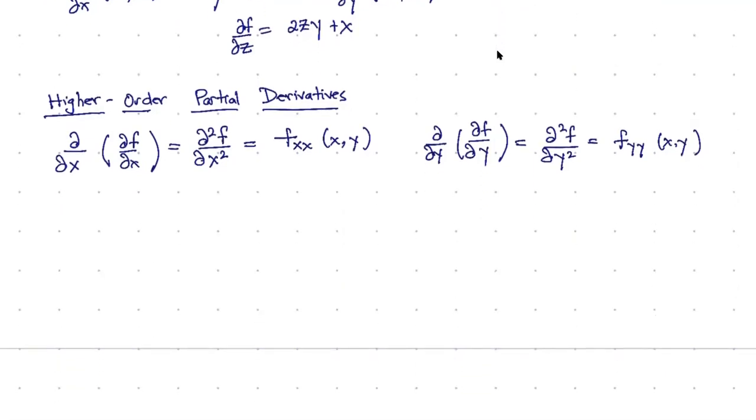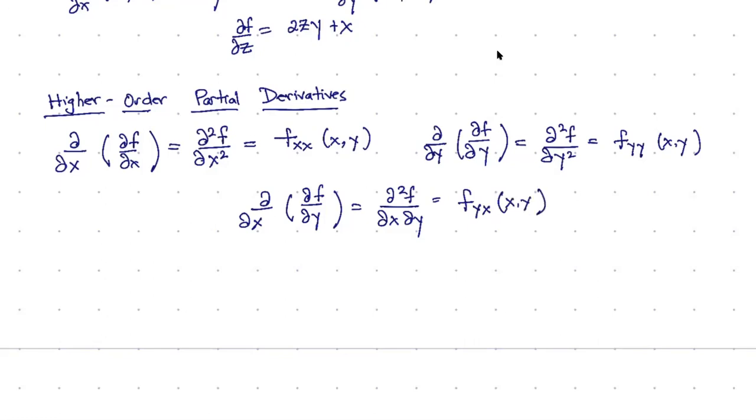Now, what's interesting is that you can also mix and match, because now we have two different versions of the derivative, right? We have an x and a y derivative, so you could certainly have the derivative with respect to x of the partial of f with respect to y. That would still be a second derivative of f, but we would notate it as follows, putting the x before the y, so you would get fyx of xy, indicating here that you would differentiate with respect to y first and then x.